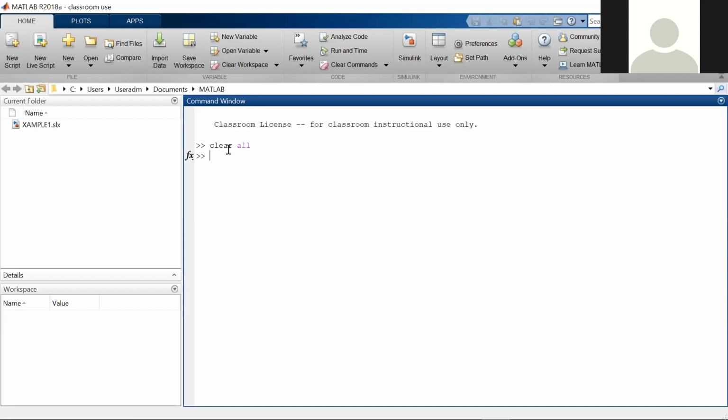Clears variables, right? Yeah, it clears the variables. Remember that MATLAB is this big calculator that can do a bunch of things. And in MATLAB, variables are defined the moment you begin to use them.